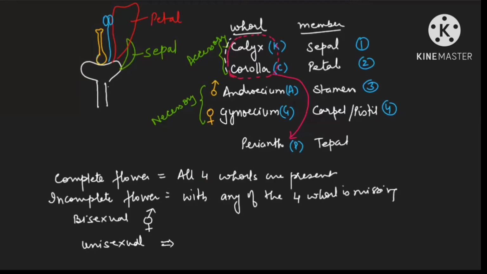If it is this way, then it is a male flower, which we call staminate, and if only the female flower is present, then we will say pistillate. Is it clear?